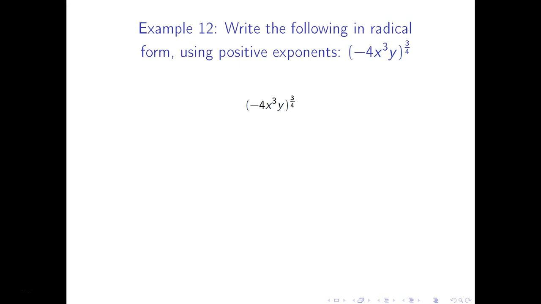What about this one? Can you go ahead and write this in radical form? Go ahead. Well, hopefully as you did this, you looked at it and said, oh, I can do that. First, I can break it up. I can make the fourth root.